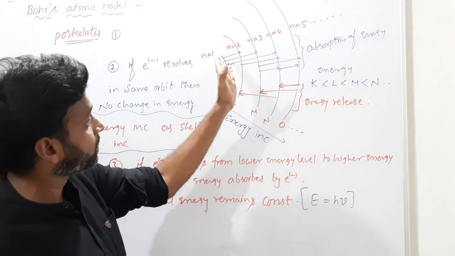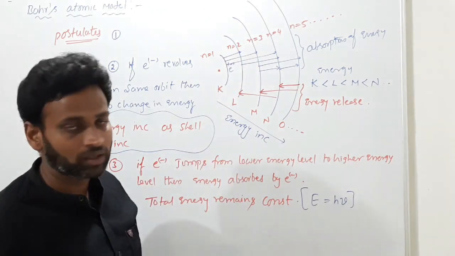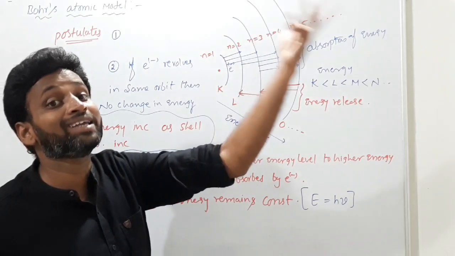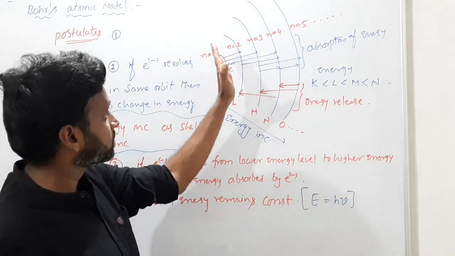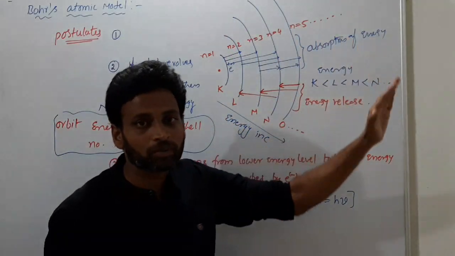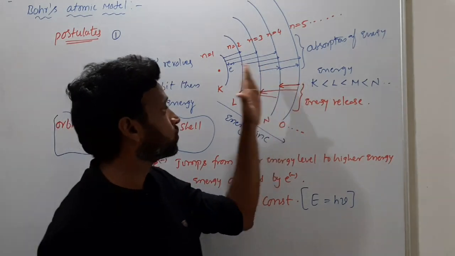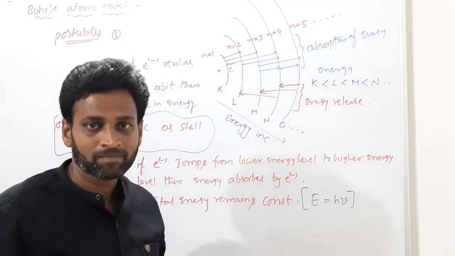If electron jumps from lower orbit to higher, for third, second is the lower. For fifth, fourth is the lower. For third, fourth is the higher energy orbit. So, if electron jumps from lower orbit to higher orbit, energy absorbs. If electron jumps from higher to lower, then energy releases.